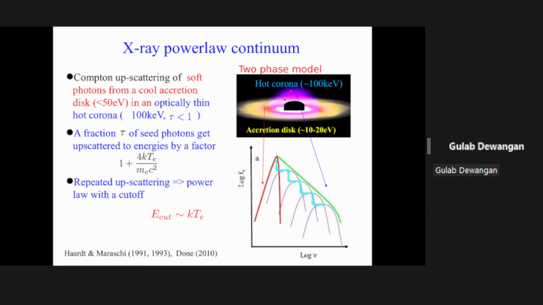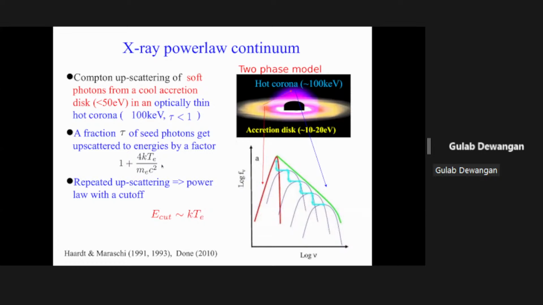So in this Comptonization process, what happens? You take the fraction tau, which is less than 1, of this black body component, so that its strength reduces, and this fraction is upscattered in a single scattering step by a factor 1 plus 4 kT by m_e c squared, where kT is the temperature of this hot corona, and m_e c squared is, of course, the rest mass energy of the electron.